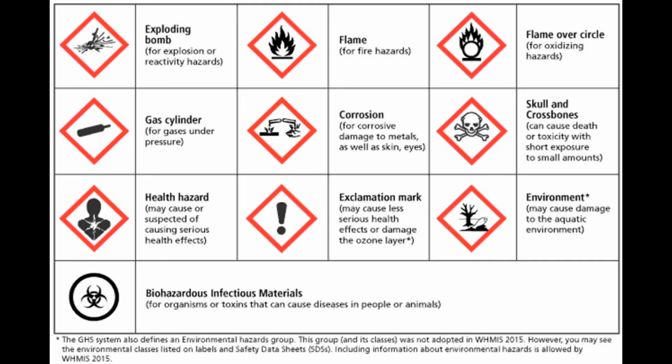And next we have global harmonization. These are the GHS pictograms. If you see this image, it is for explosive or reactivity hazard. This image for fire hazard, oxidation hazard, gas cylinders under pressure, corrosive hazards, toxicity with short exposure to small amounts, health hazard in general, serious health effects or damage to the ozone layer, and as we already discussed once, environmental hazard.